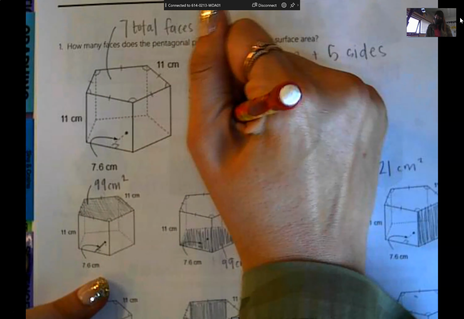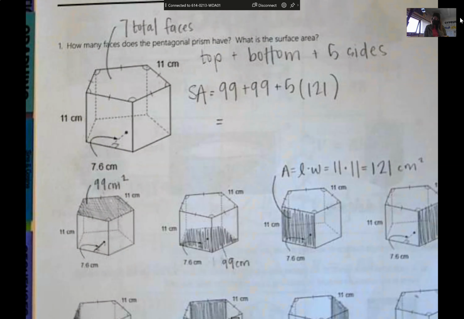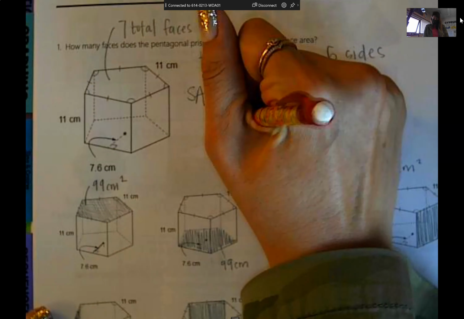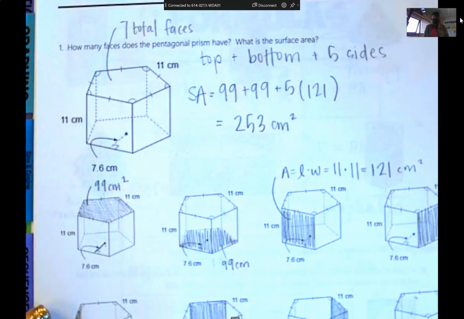So we plug all that into Desmos or a calculator. Oopsie. I'm getting 253. Anybody else get that? Somebody's going to want to double check me.